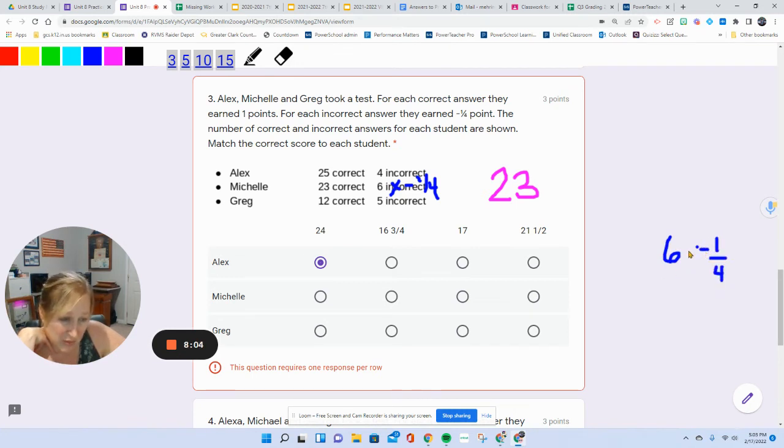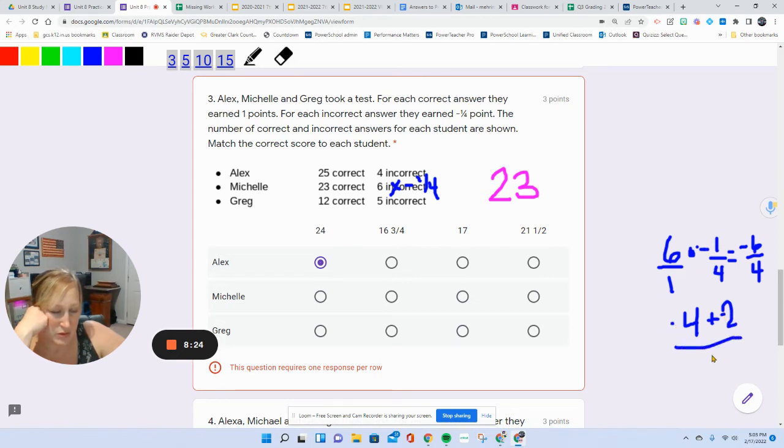It's a negative. This is a times. 6 over 1 would be negative 6 over 4. I need to convert that improper fraction. So that means negative 4 plus negative 2 over 4. So that'll mean I'm left with 2 over 4, which is half.